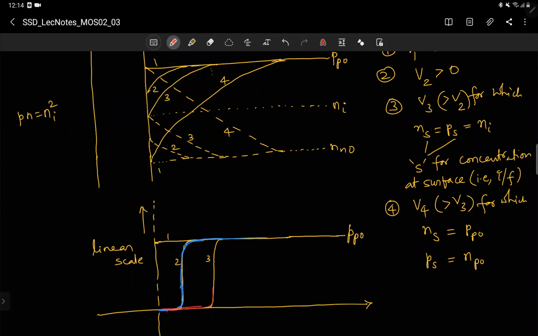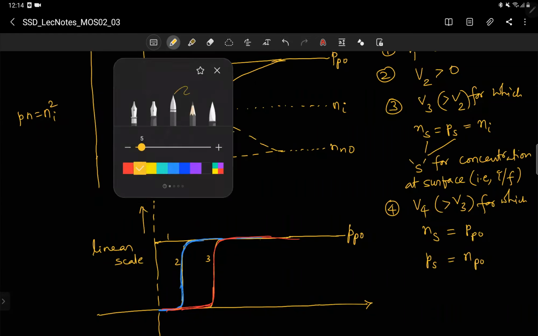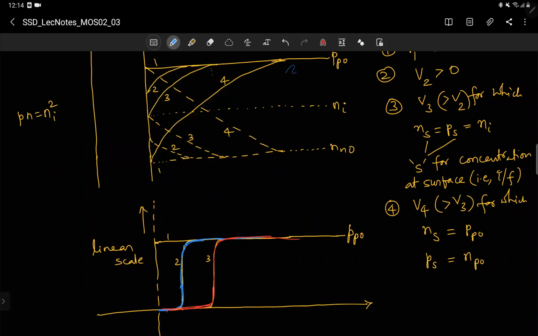So the hole concentration is almost appearing 0, then increasing rapidly, and then merging. So this is how it looks. So V4 will look like what? Up to here I'll have almost 0 for a very long distance, then it increases and becomes Pp0. So this is how it looks.